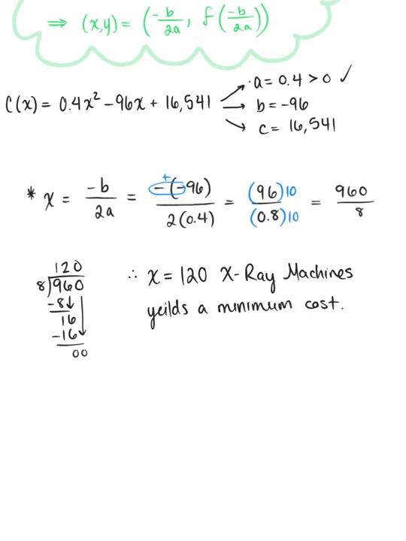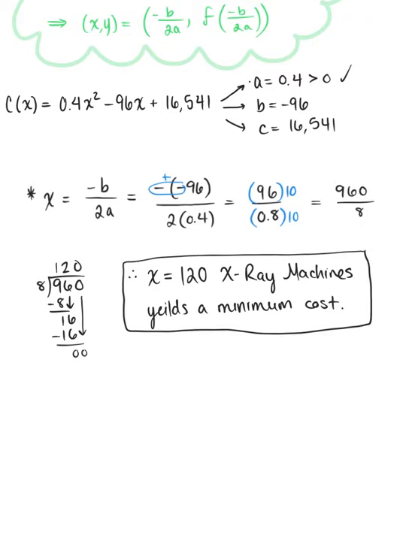So, in order to find that minimum cost, we want to take this x-coordinate and substitute it back into the cost function. So here we go.